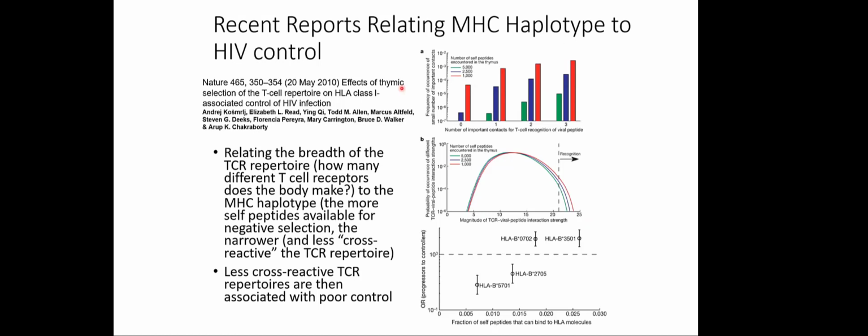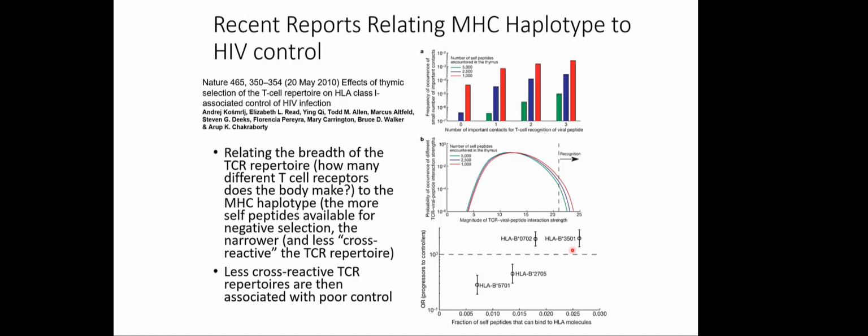And then they took all the peptides that they know that get presented in the thymus, and there's a fair bit of data on this, there could probably be more, and then they modeled how many peptides would be presented by each of these alleles in the thymus that would then be shaping the naive repertoire through positive and negative selection.